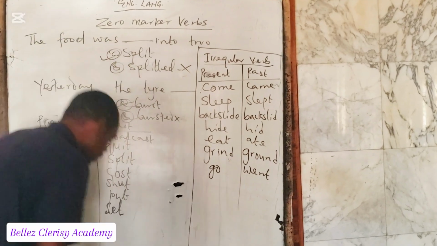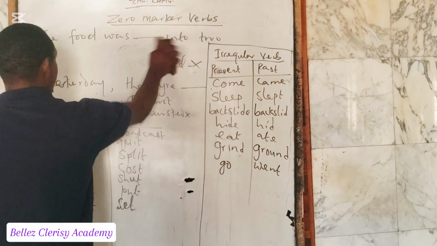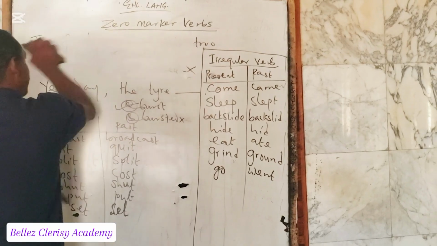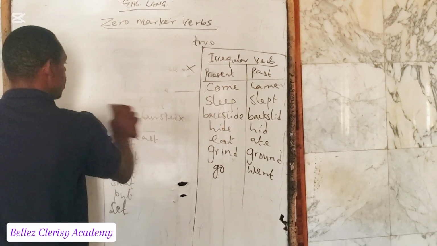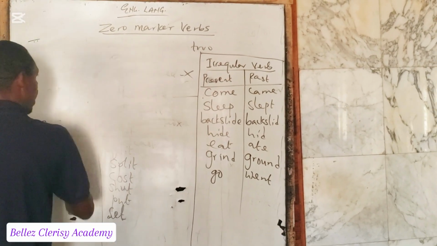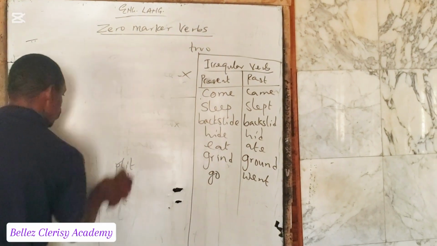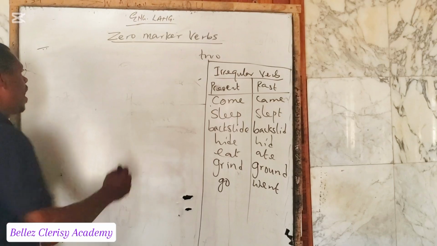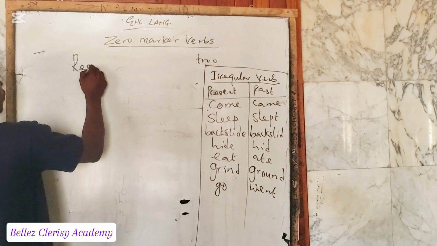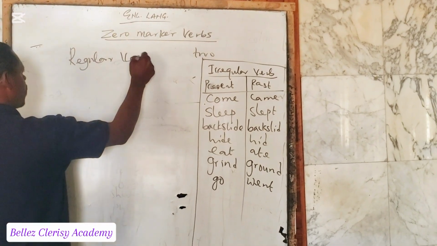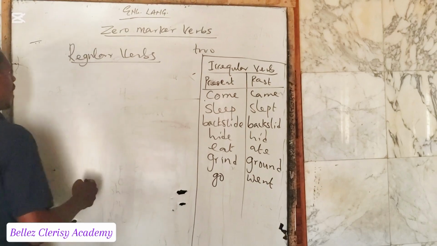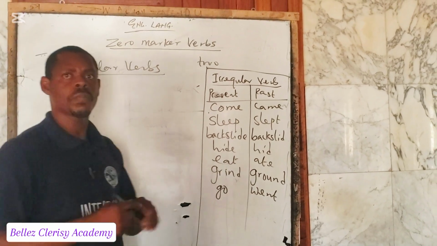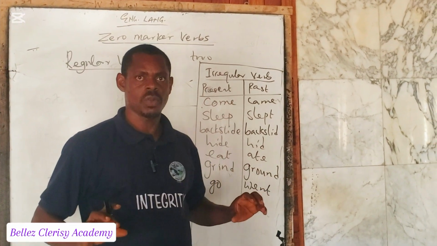And the last aspect of this verb is regular verbs. Regular verbs always end with what? Ed. The regular verbs are verbs whose past tense marker is what?